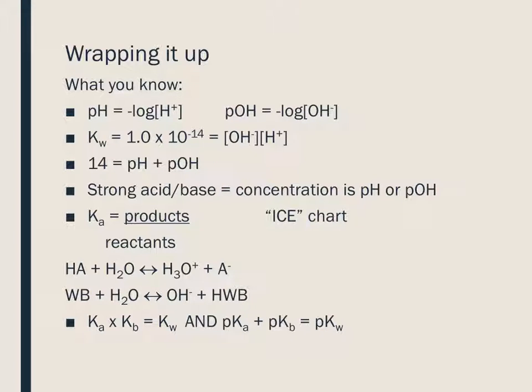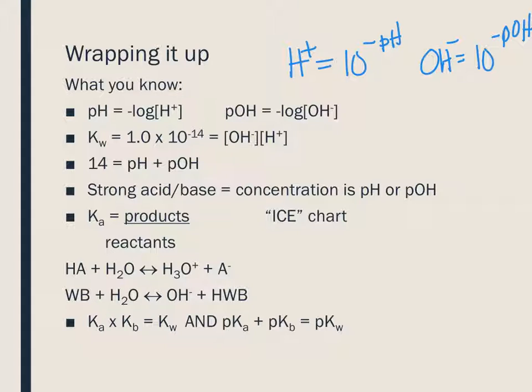We've also learned that if you need to find the H plus, H plus is equal to the inverse log of the negative pH. And if you want to find the OH, that is equal to the inverse log of the negative pOH.